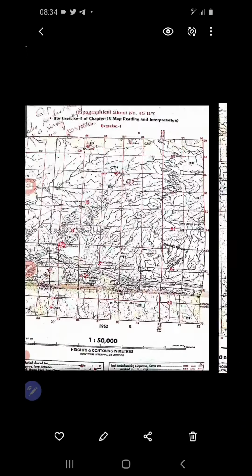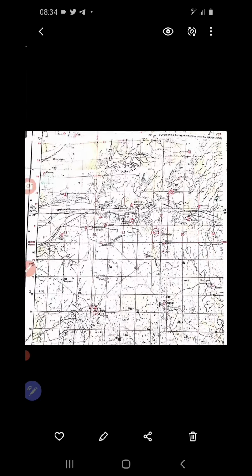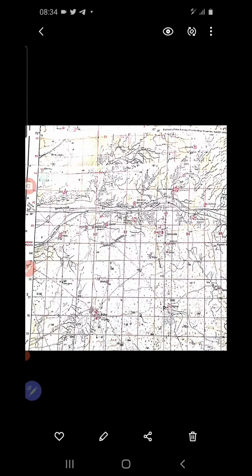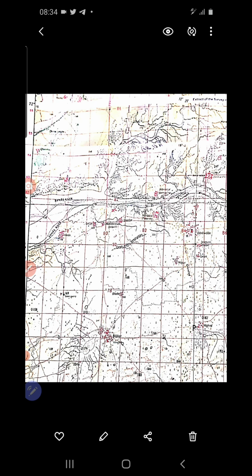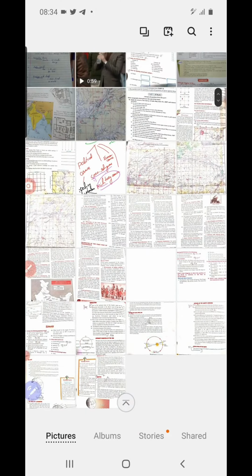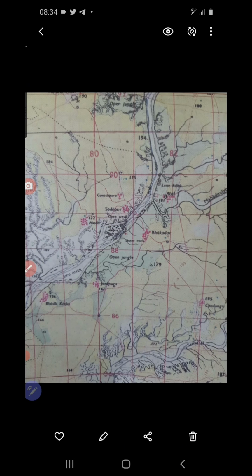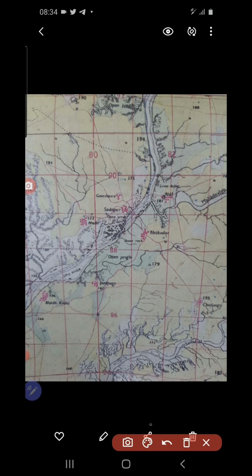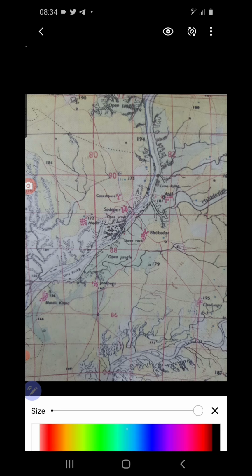If you observe these maps very clearly, green color may not be much visible, but when you observe clearly, the color is very prominent. In this you can see green color. Wherever the green color is found, that is mentioning the forest region. Green color indicates the presence of forest region.